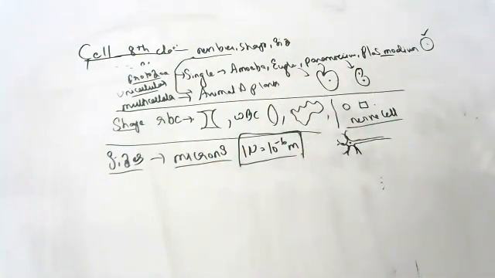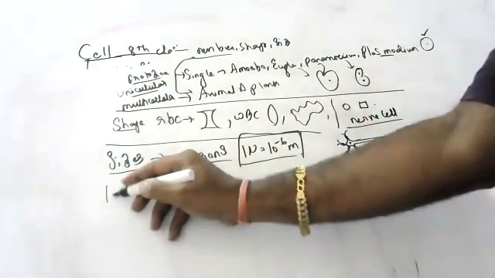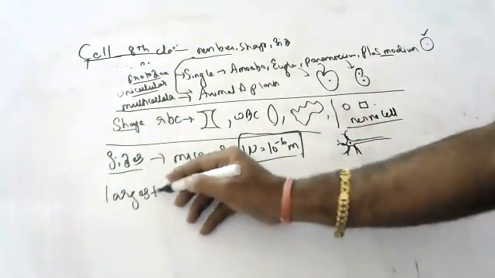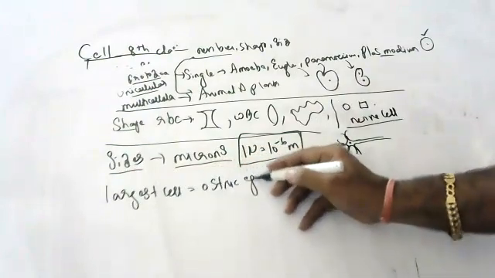The largest cell found in nature is? Ostrich egg. Very good. The largest cell on the earth is the ostrich egg. It is a single cell, children.